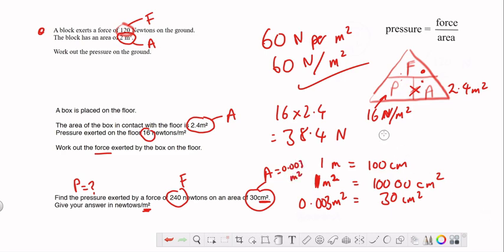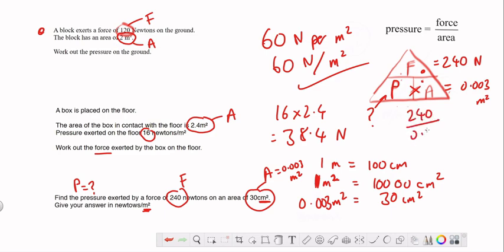Those are the numbers that I need to put into my formula. The force is 240. Area is 0.003 meters squared. So now to work out pressure, I've got to do force divided by area. 240 divided by 0.003.